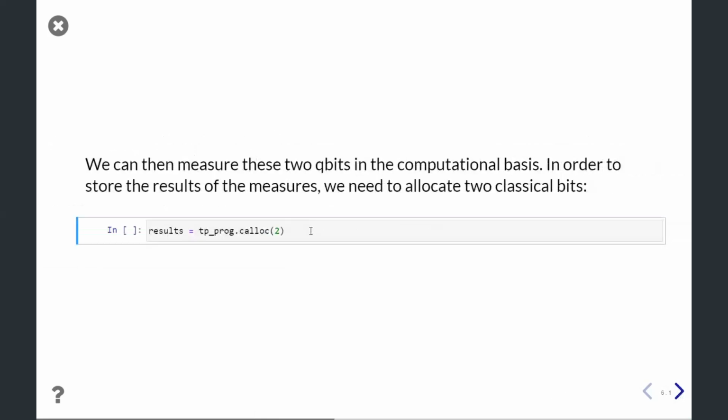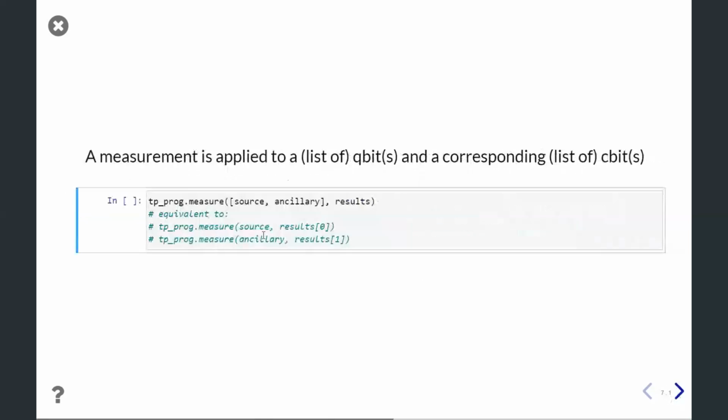After that, we do a measurement. And remember, the measurement will be a way to measure. So to do the measurement, we have to allocate, in that case, not quantum bits, but classical bits. So we do a C-alloc, which is an allocation of 2 classical bits, and we do the measurement.